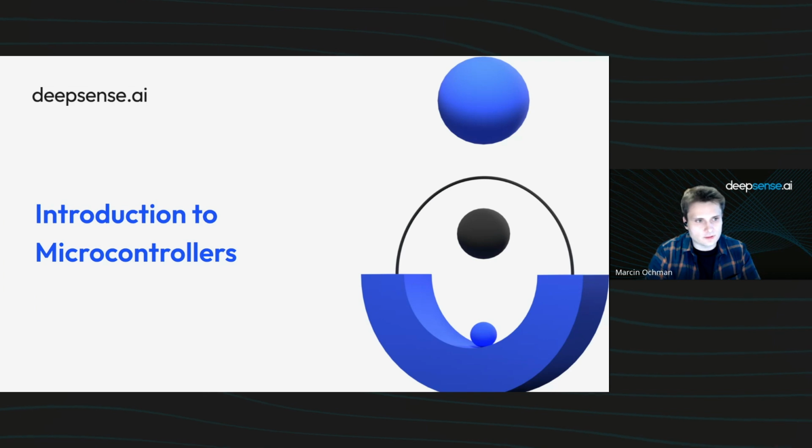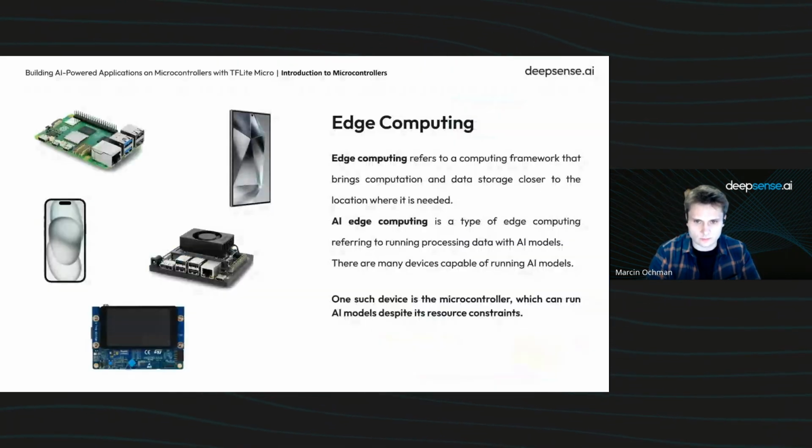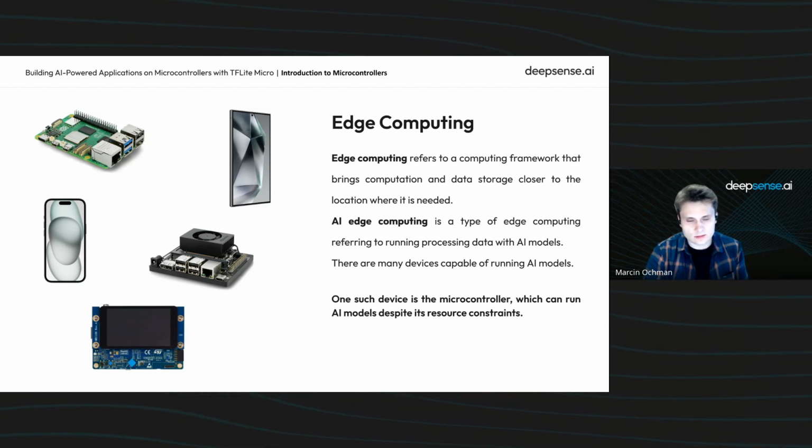So let's move to the first part of that talk, which is the introduction to microcontrollers. Edge computing is a paradigm that moves computation and data storage closer to the source of data generation. And in the context of AI, this means that running AI models runs directly on device rather than relying on the external cloud servers.